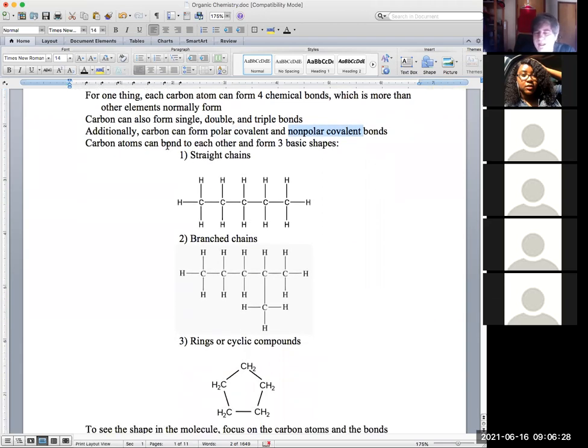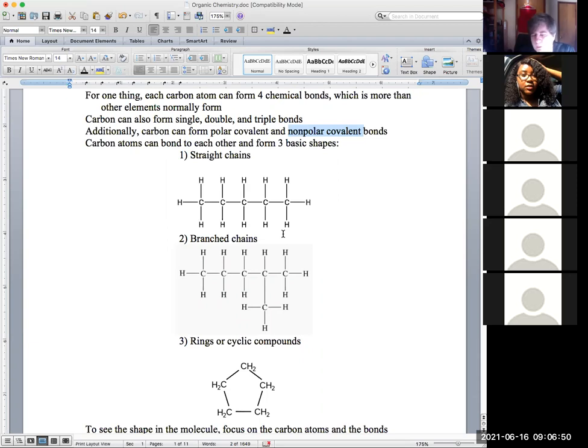Carbon atoms are almost always in the center of an organic molecule. In fact, we talk about kind of ignoring all the other elements and just looking at the carbon skeleton. That's what we're going to focus on now.